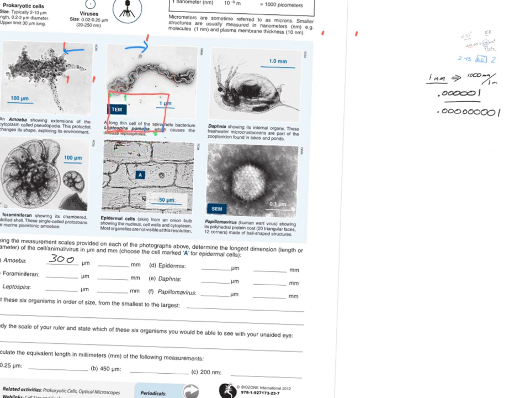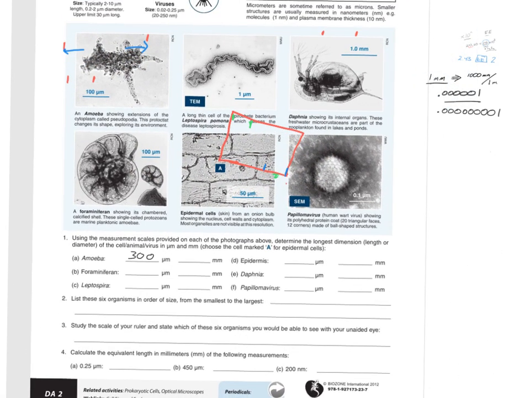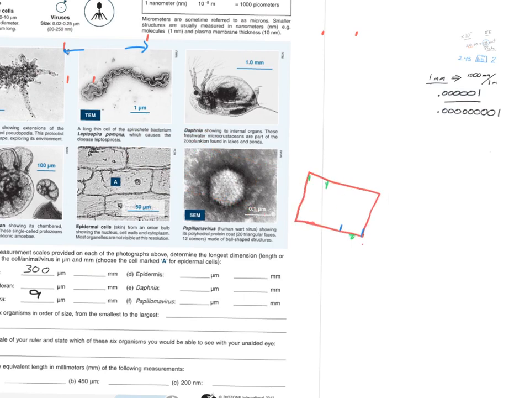There's 1, 2, 3, 4, 5, 6, 7, 8, 9. It's not accurate, but let's say it is 9. So how big is that? 9 micrometers. So even though they look like they're the same size, one's 300 micrometers, the other one is 9 micrometers. And you do that for all of them.